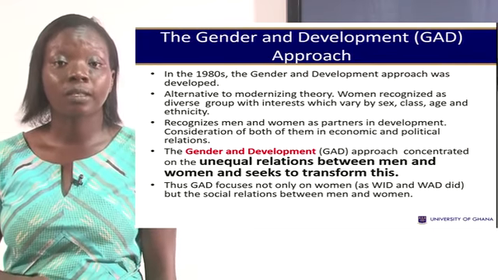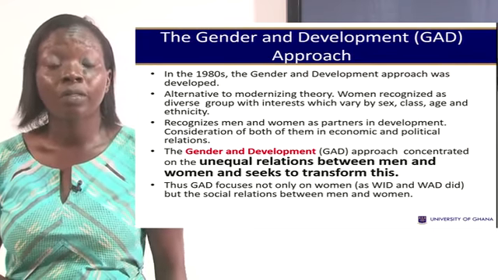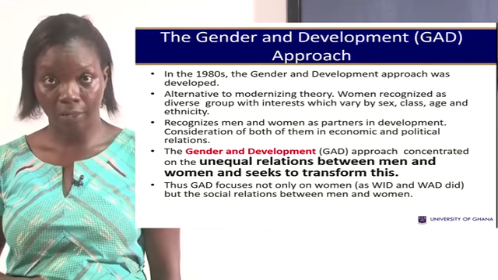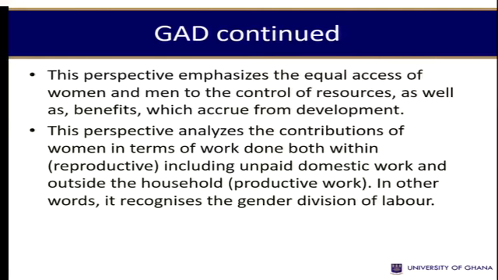So GAD focuses not just on women, but on the social relations between men and women. It emphasizes the need for equal access of women and men to the control of resources, as well as to being able to benefit from whatever development offers to a citizenship or a country. This perspective analyzes what women do both within the domestic sphere and the public sphere.